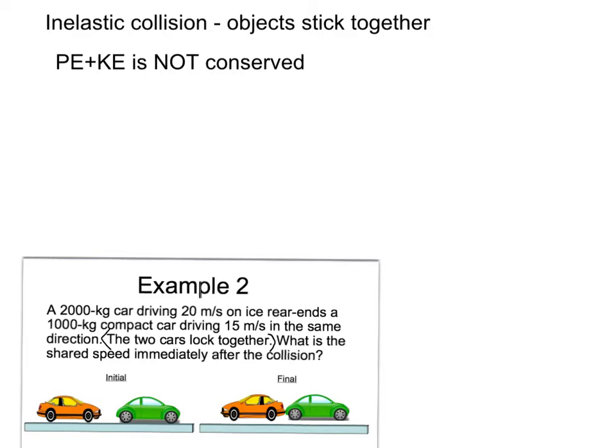The objects might heat up, they might emit light, all kinds of things could happen. But anytime objects stick together, the energy of the system is not conserved. Now, energy overall is conserved, so whatever energy you had became something else. But that amount, PE plus KE, is not conserved whenever objects stick together.